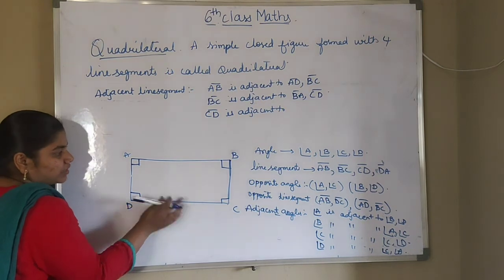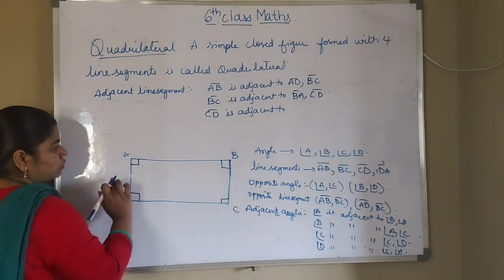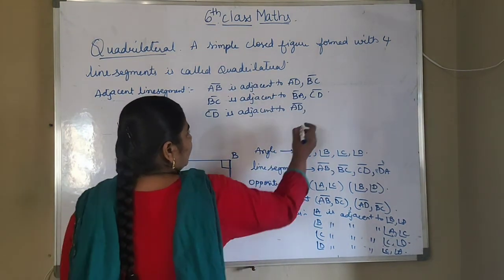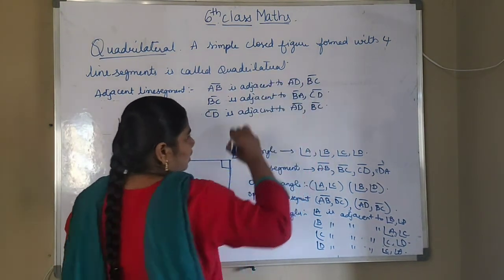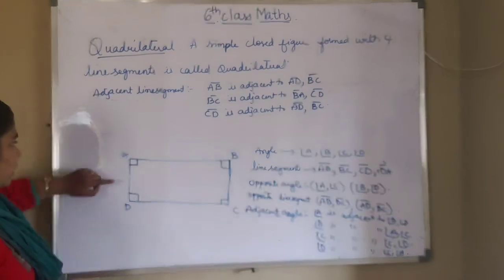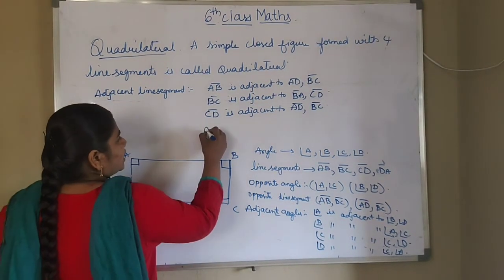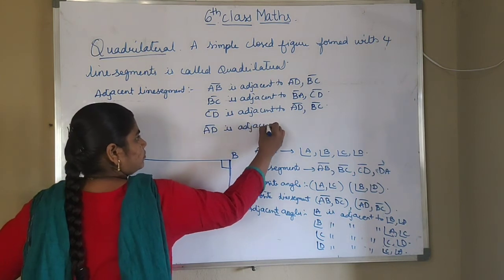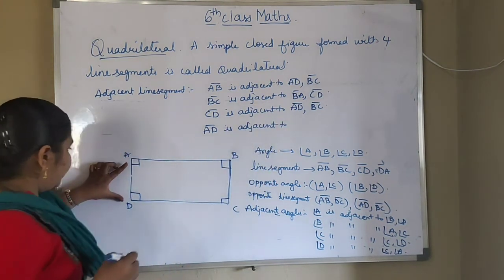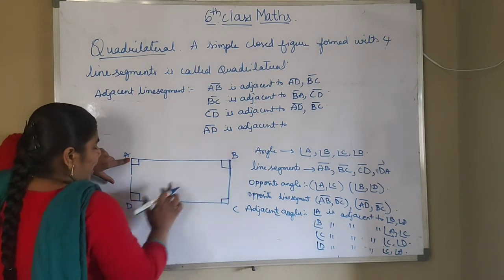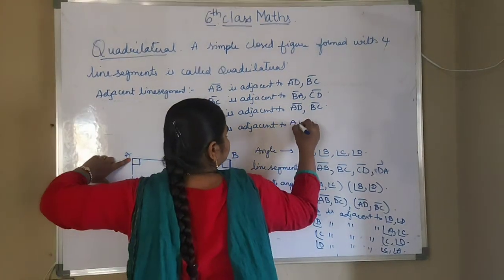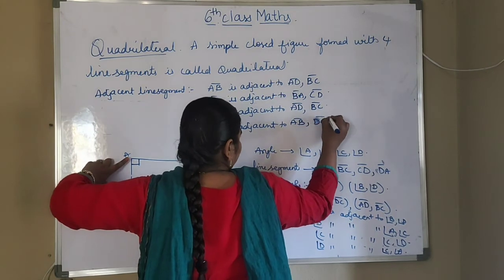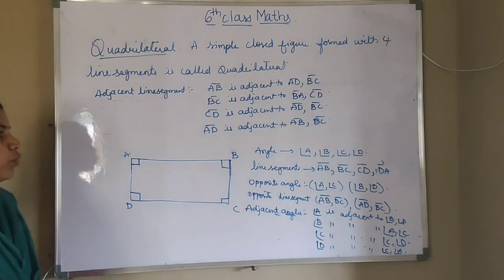This side is attached to these two sides: AD line segment and BC line segment. Now last is AD. AD is adjacent to which sides? This AD is attached to AB and DC line segments. So this is about quadrilaterals.